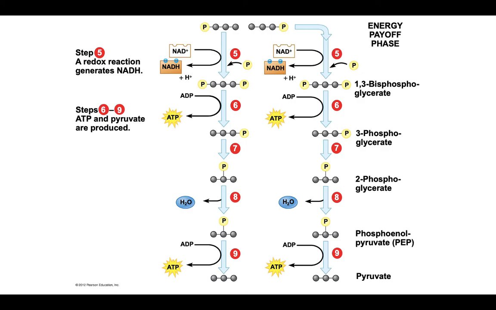Following the next step, from 2-phosphoglycerate, it will be converted into phosphoenolpyruvate, PEP. And then lastly, from the PEP, ATP will again be regenerated and it will now yield the desired end product for this process, which is the pyruvate.